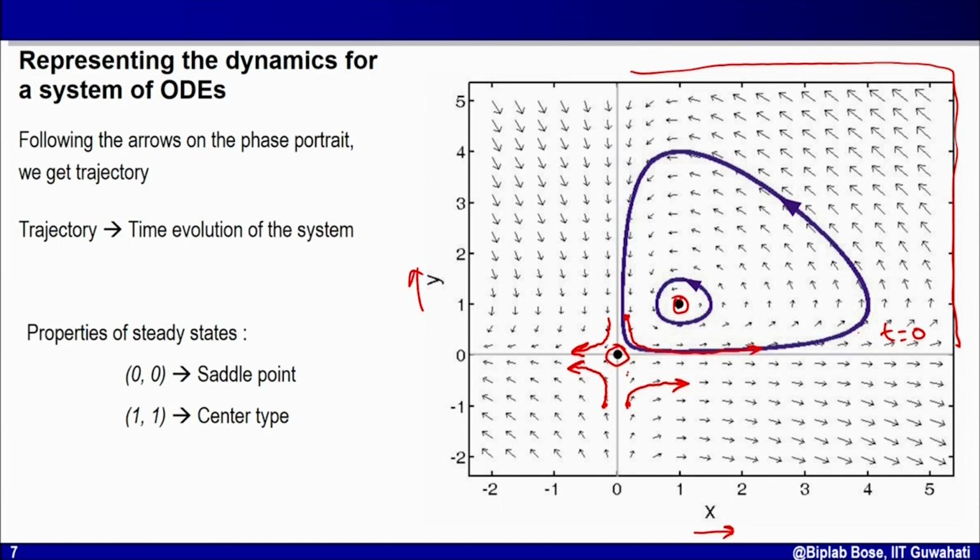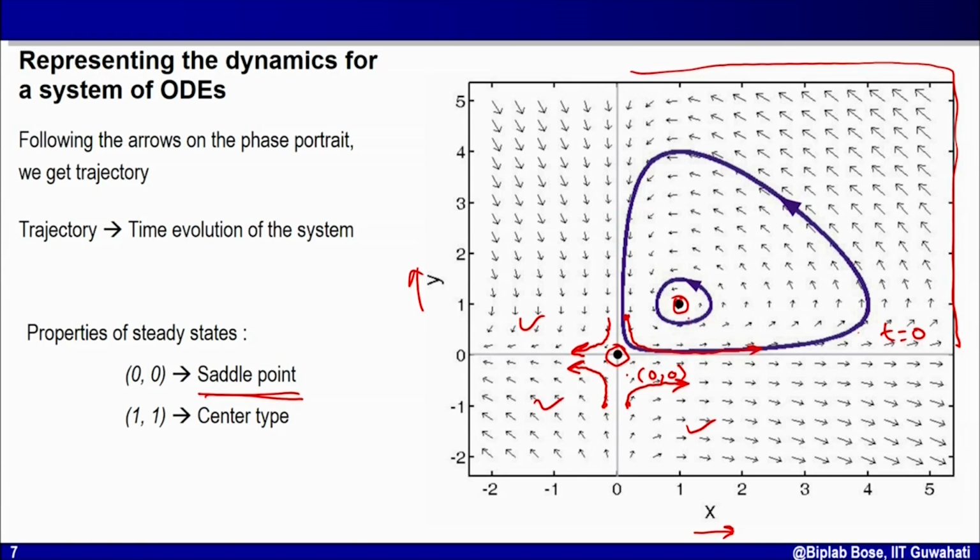So that means this 0, 0 steady state is such that if you are there, you will stay there. But if you are slightly away from there, you will never come back to 0, 0. In these quadrants, you will move away from 0, 0. That means this 0, 0 steady state is obviously unstable, and a steady state having this type of trajectory around it is called a saddle point. I will discuss separately what we understand by saddle point.